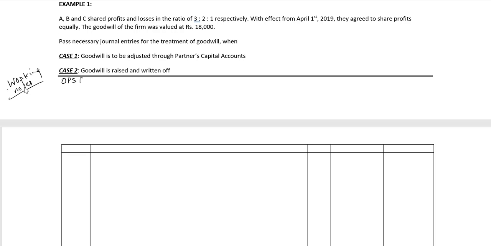Old profit sharing ratio between A, B and C is equal to 3:2:1. The new profit sharing ratio between the three of them is equal, so it's 1:1:1. So let's do old share minus the new share.